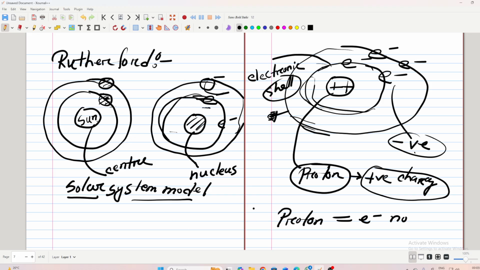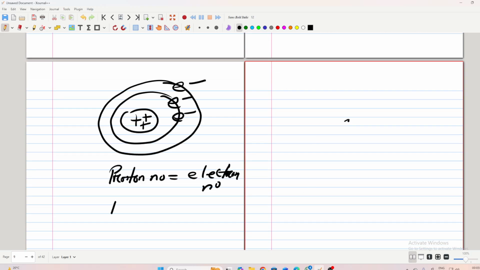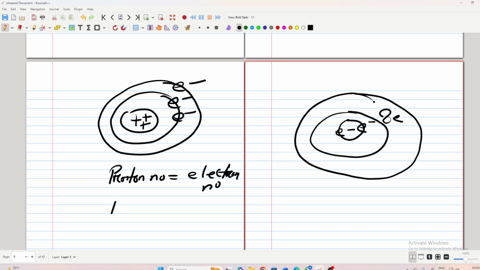So here is the fact: at the first shell, only 2 electrons can exist. At the second shell, 8 electrons can exist. At the third shell, 18 electrons can exist.